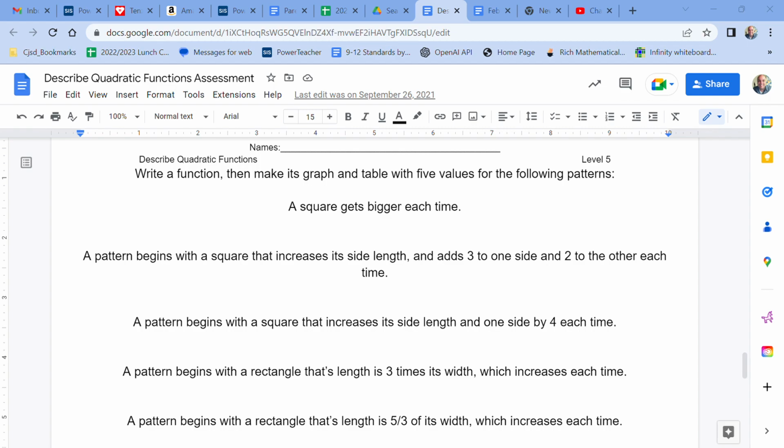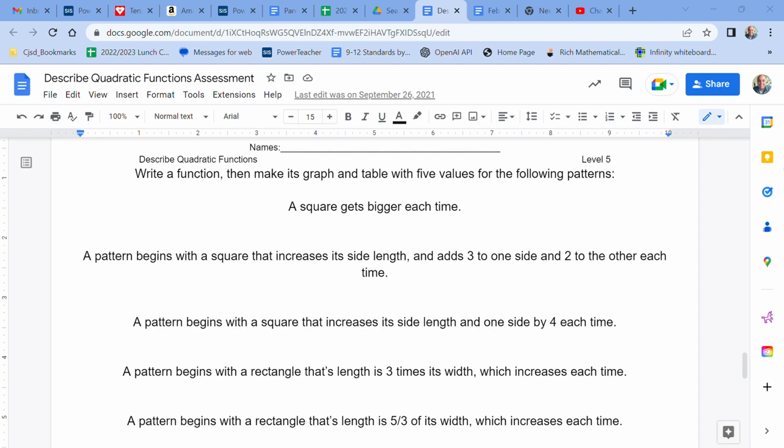So if I wrote my function out, let me answer this question. The answer was f of x equals, you know what, hold on. Let me get this a little bit bigger so you can for sure see it in the classroom. F of x equals x times x plus 4, one side and another side.